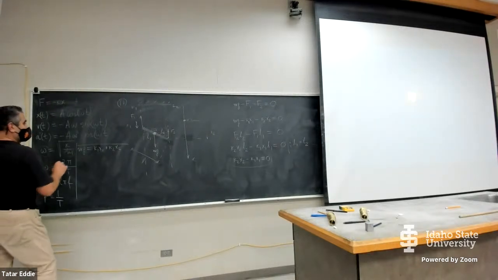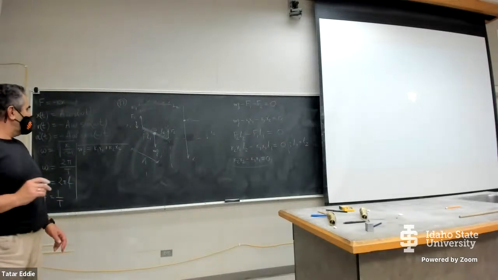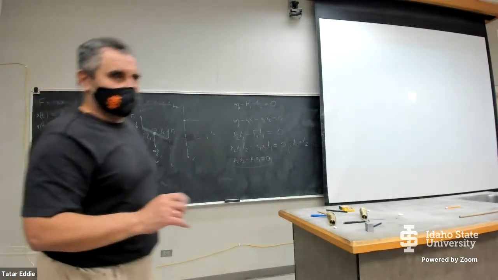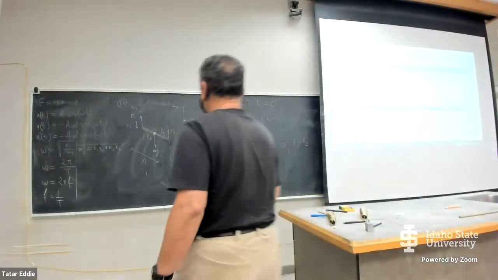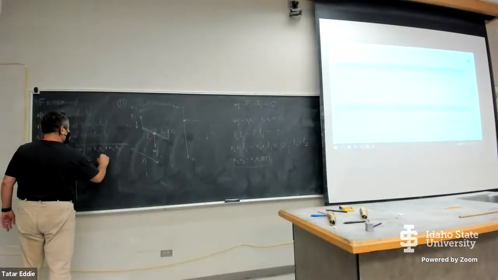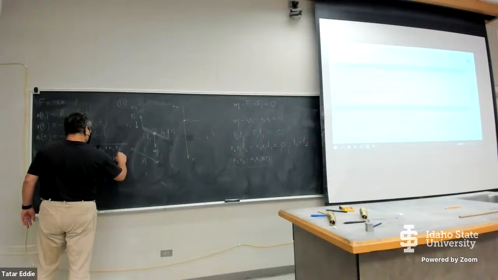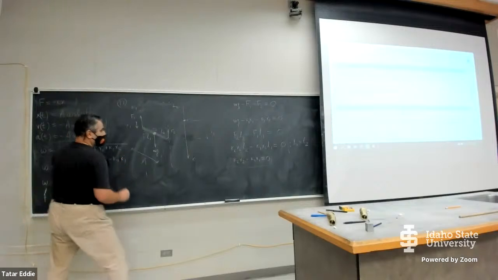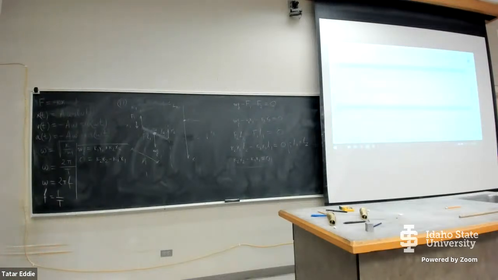And the second one reads, I'll write it like this: 0 is equal to k2 x2 minus k1 x1.